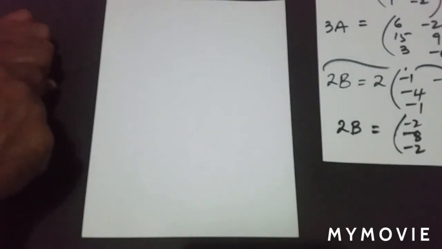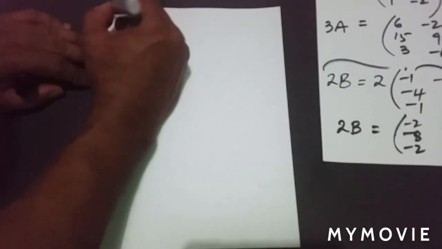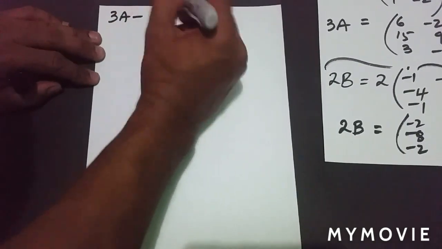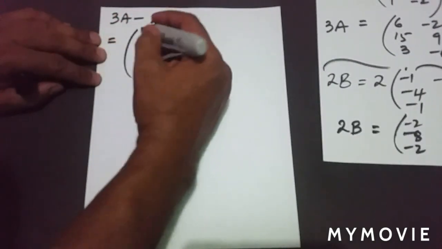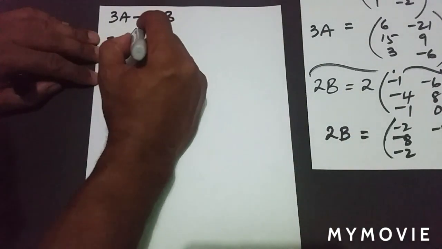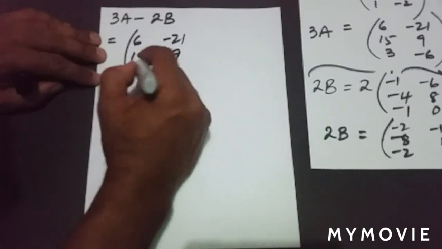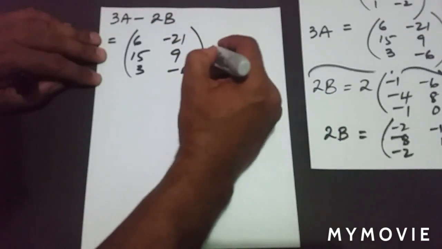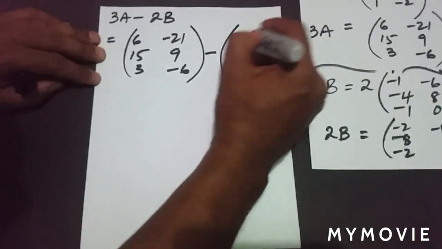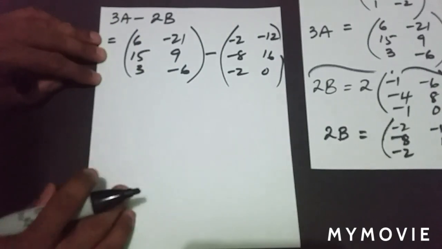So they're asking us now to find what is 3A minus 2B, and that simply would be, we have 3A here, and that is 6, minus 21, 15, 9, 3, minus 6, and we're subtracting from that 2B, which is minus 2, minus 12, minus 8, 16, minus 2, and 0.